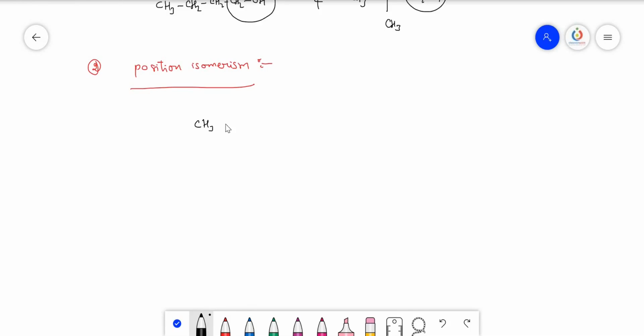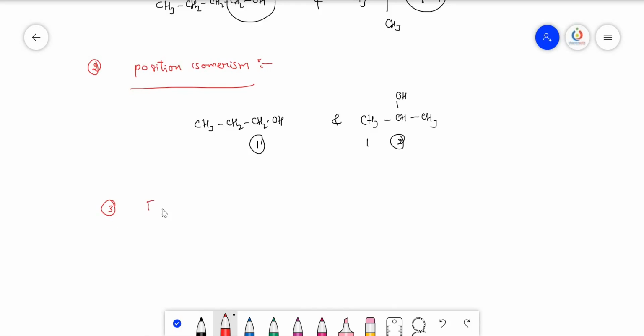One example I'll take here: CH3CH2CH2OH and CH3CHOHCH3. In the first compound, the OH group is at the first carbon atom, but in the second compound, the OH group is placed on the second carbon atom. So they differ in the position of the functional group. Hence, these are called position isomers.